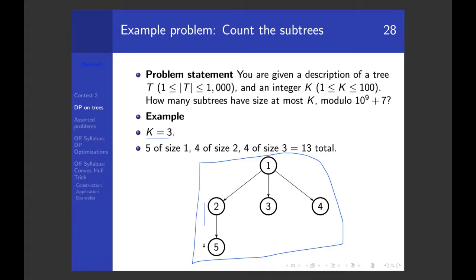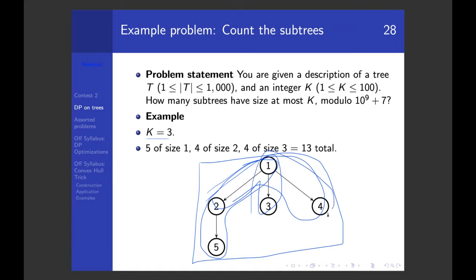There are 5 subtrees of size 1. There are 4 of size 2. That is this, and the last 2, this and this. And then there are 4 of size 3 as well. They are this here, and then there's this, and this.